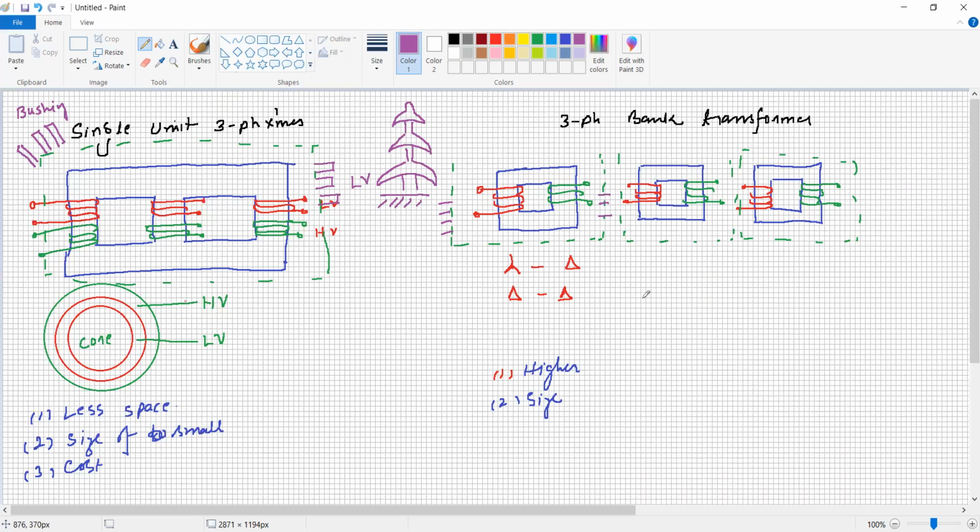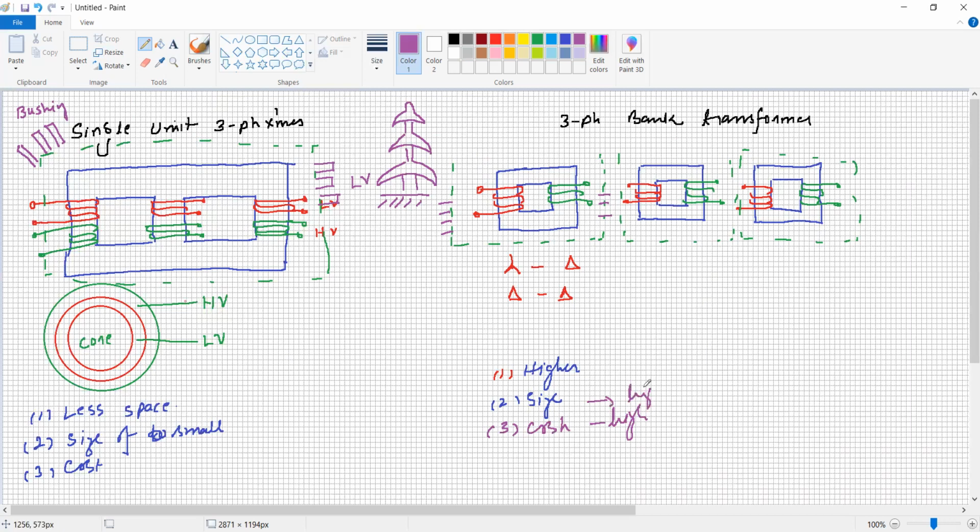So this is the constructional comparison of a 3-phase bank transformer and a single unit 3-phase transformer. With the number of bushings, tanks and oil increasing, the cost of the transformer is higher.